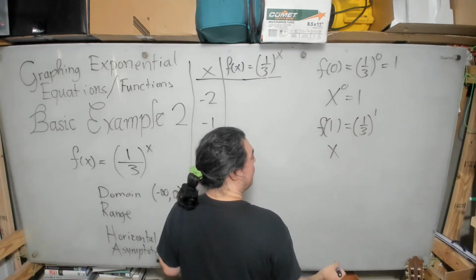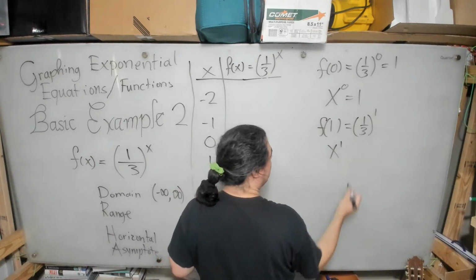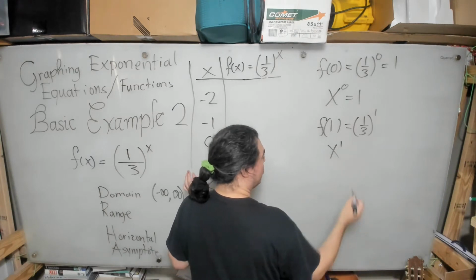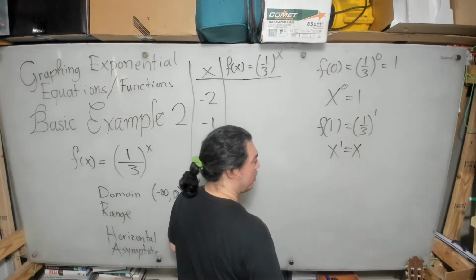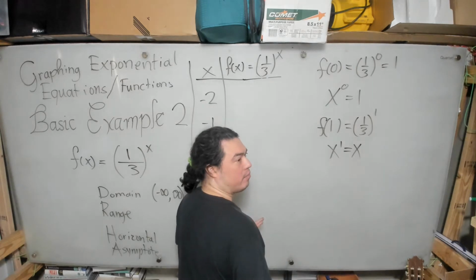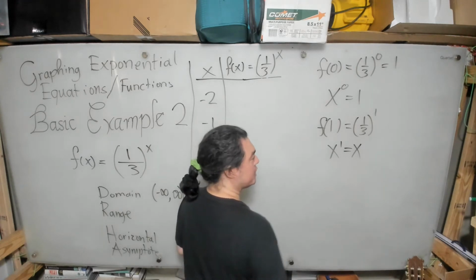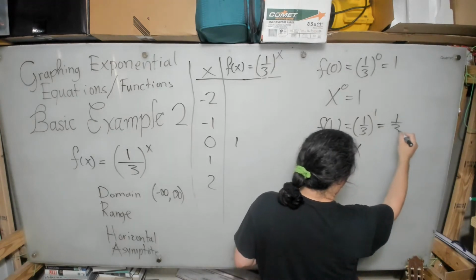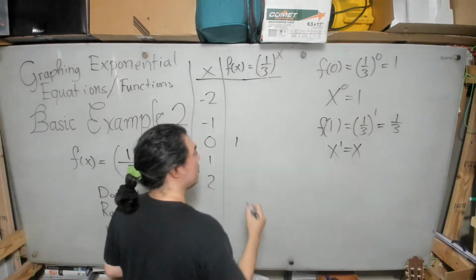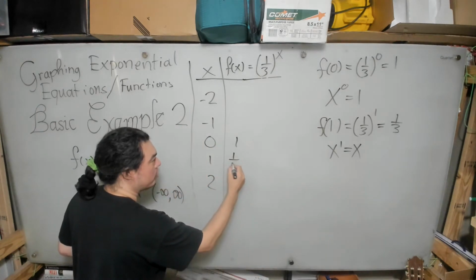It says that if I have x to the 1 power, it's always x. So here, if I have 1/3 raised to the 1, that's just 1/3. So I know that the value here is 1/3.